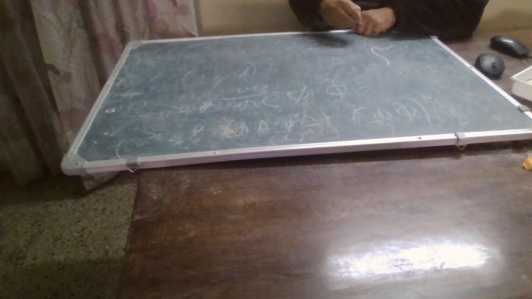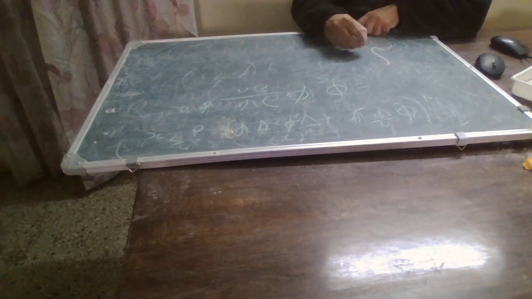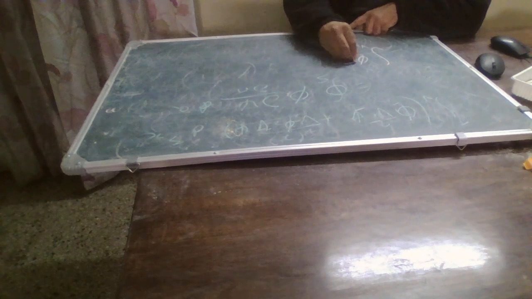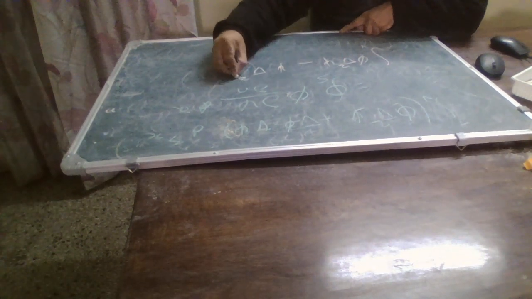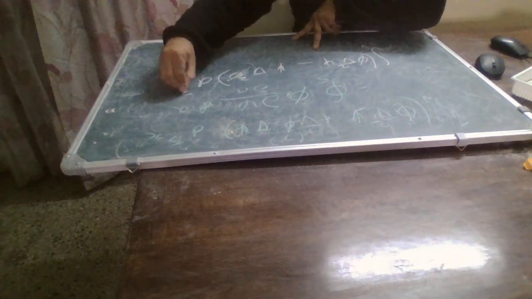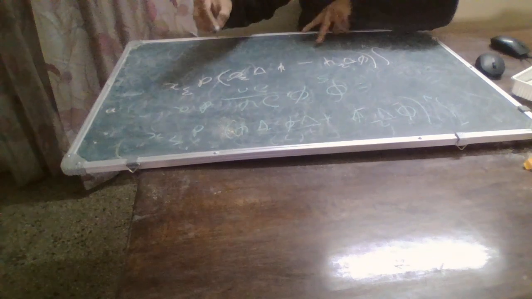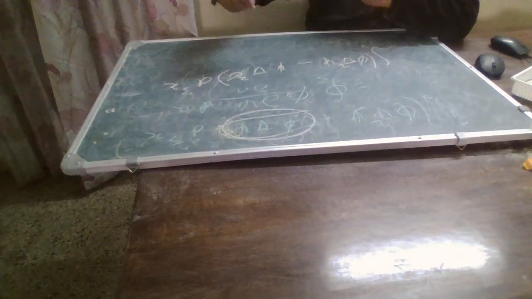If we do this, we are going to get Green's second identity, or Green's theorem. That's basically the integral of phi nabla squared xi minus xi nabla squared phi, d cube x. We just interchange and subtract it.